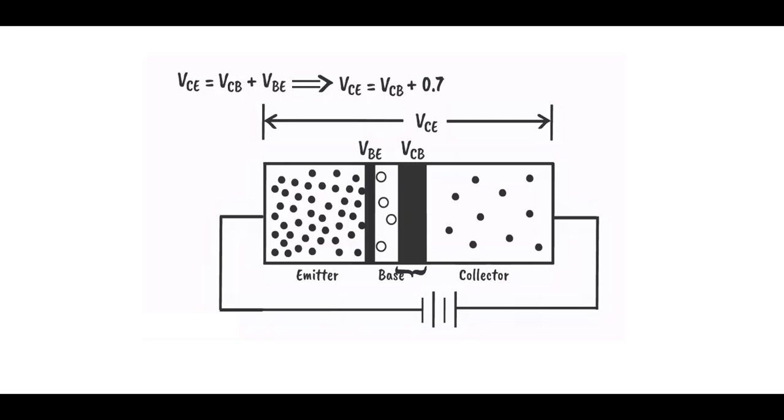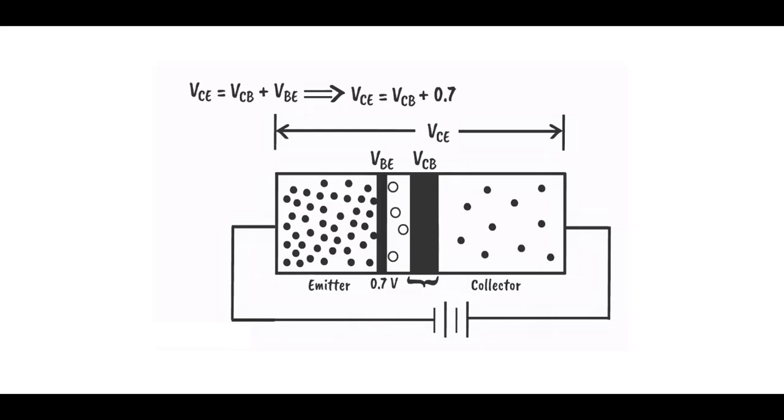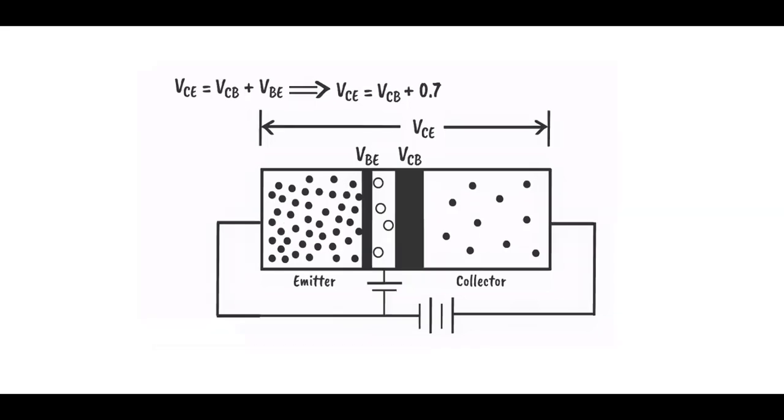So, whatever the applied voltage between collector and emitter, there would be a potential barrier of 0.7 volts between emitter and base. Because of that, no electron can cross the base-emitter junction for any applied collector-emitter voltage, so no current can flow through the transistor.